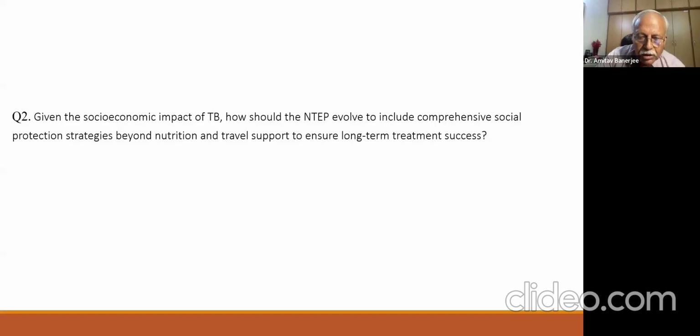We are again going back to the non-specific factors like healthy living, good nutrition, good housing. So we can think outside the box by involving philanthropists and corporate social responsibility for giving them nutrition, housing, maybe employment and vocational training also. These are some of the things we can explore.